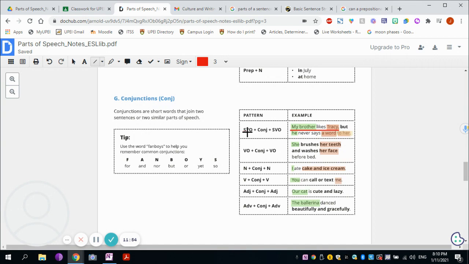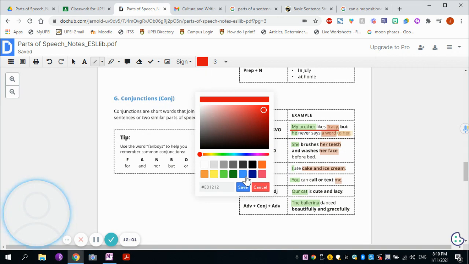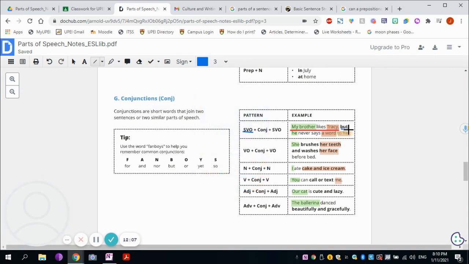This is this part here. Then we can have a conjunction. Let's make our conjunction, we'll underline that in blue. So here is our conjunction right here. I don't know why my subject, verb, object came red. We'll have to fix that.